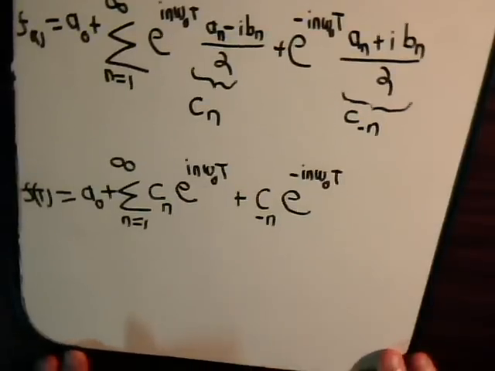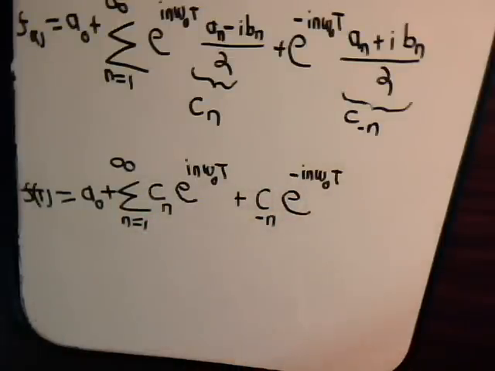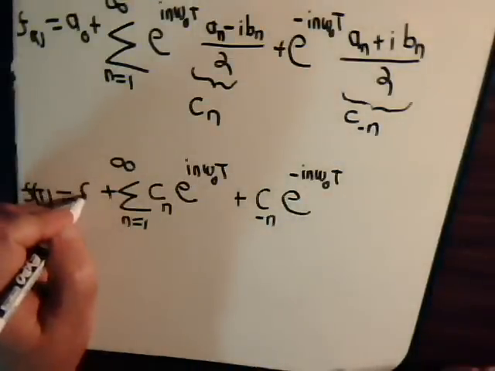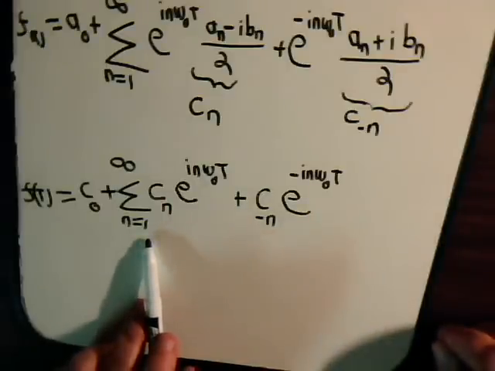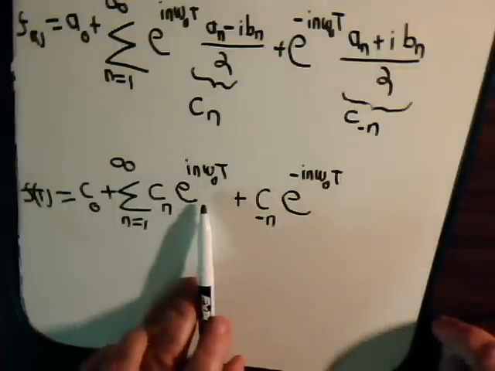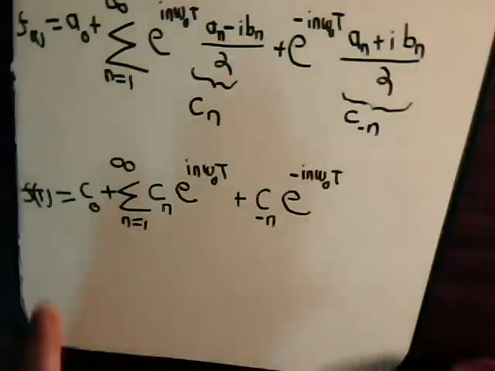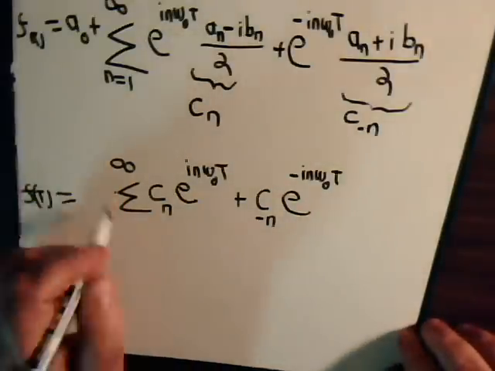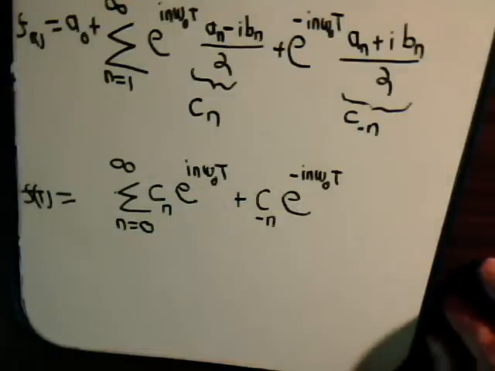Now, what we can do, instead of having a0, since these are defined in the c's, is just call this c0. Now, what happens in this expression if n, we're summing from n equal 1 to infinity, is 0? This is 1, we have c0 times 1, that gives us c0. So in fact, we can just take this away and sum from n equal 0 to infinity.